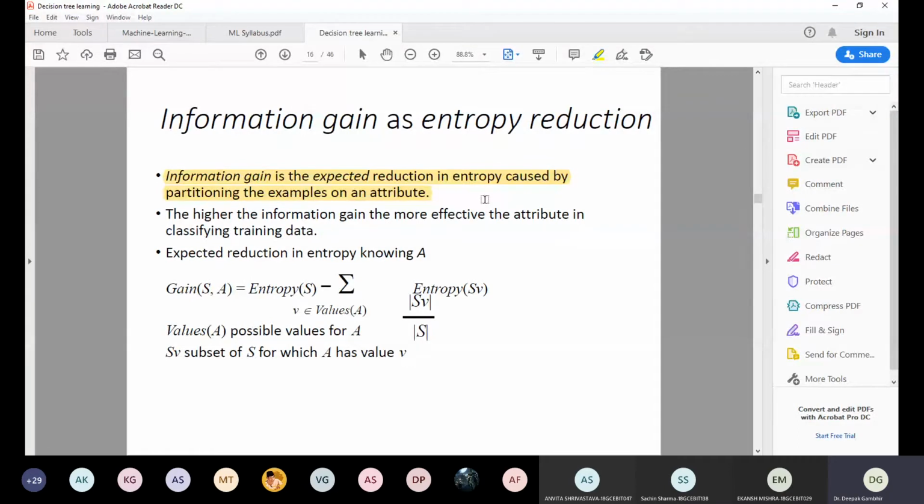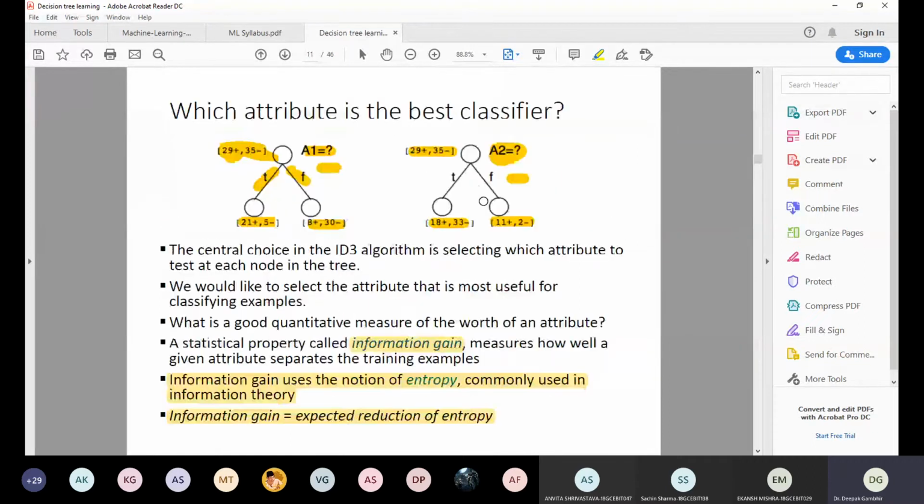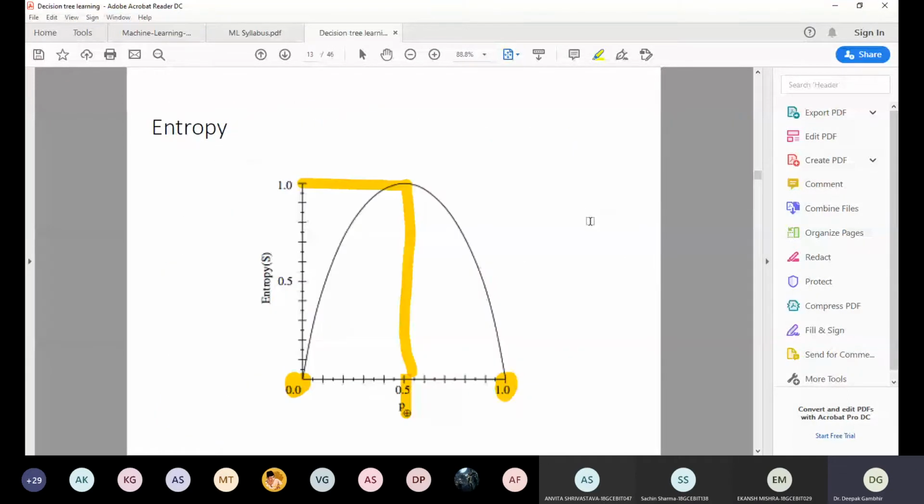On a particular attribute, we will compute how much reduction in entropy there is if we partition the examples on that attribute. For example, in the previous case, we partitioned on A1 and A2. We will compute the entropy in both cases, and then find whether we will divide on A1 or A2, which attribute is the best classifier.